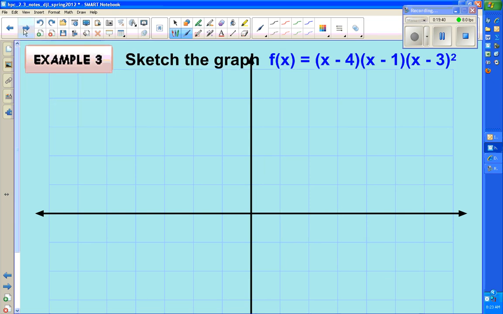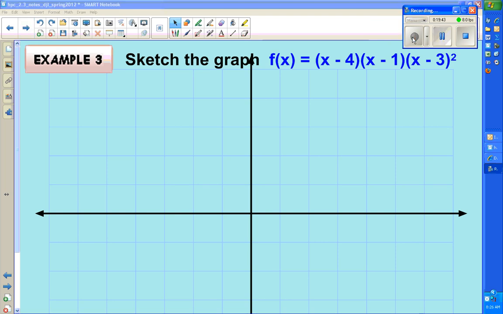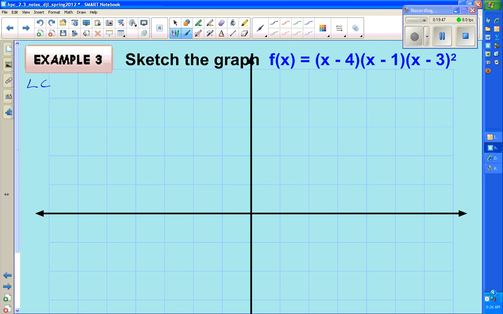Try this one. A little more complicated. All right, here we go. Leading coefficient is 1, so it's positive. Degree 4, so that means the end behavior should be both up, up, up.